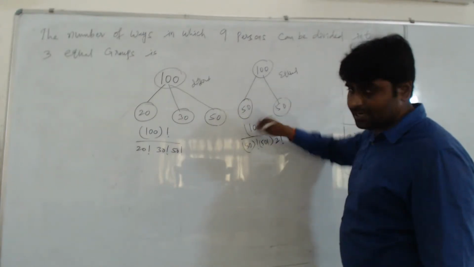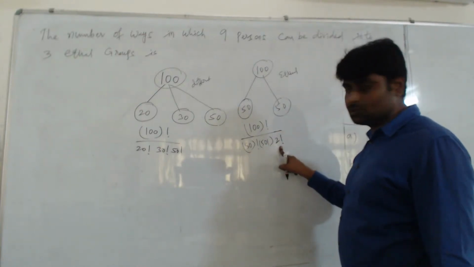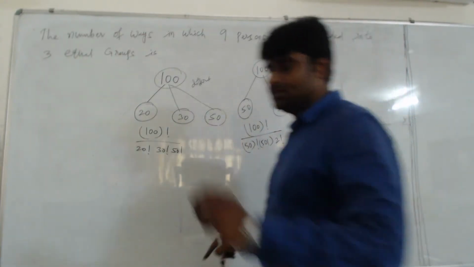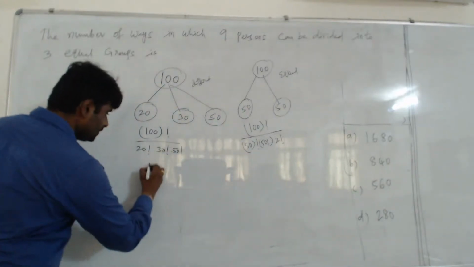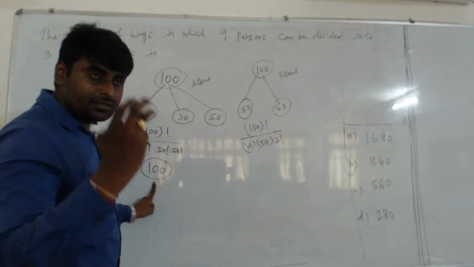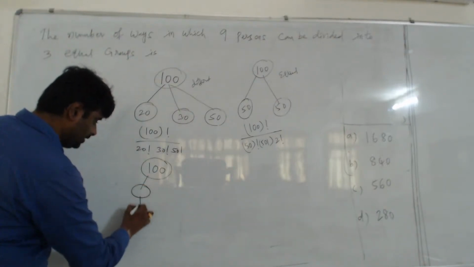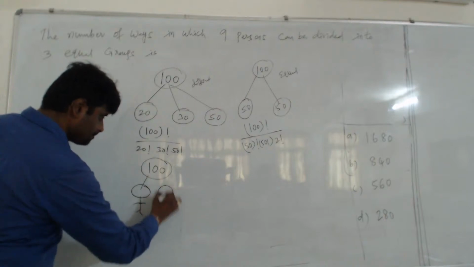This 50 can be any way; first group, second group can be rearranged. Okay. Now, third thing, how many ways can we divide 100 things among three persons? Here we are going to distribute among persons.